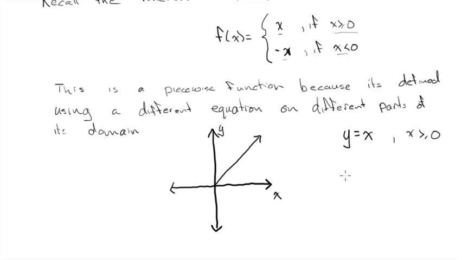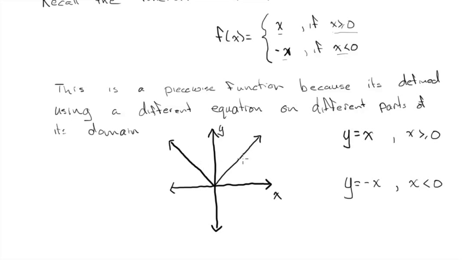So this is piece 1. Piece 2 would be the curve y equals negative x, for the second part. F at x equals negative x, and this only applies when x is less than 0. Again, we should know what this looks like. This is a line with a slope of negative 1, and again a y-intercept of 0.